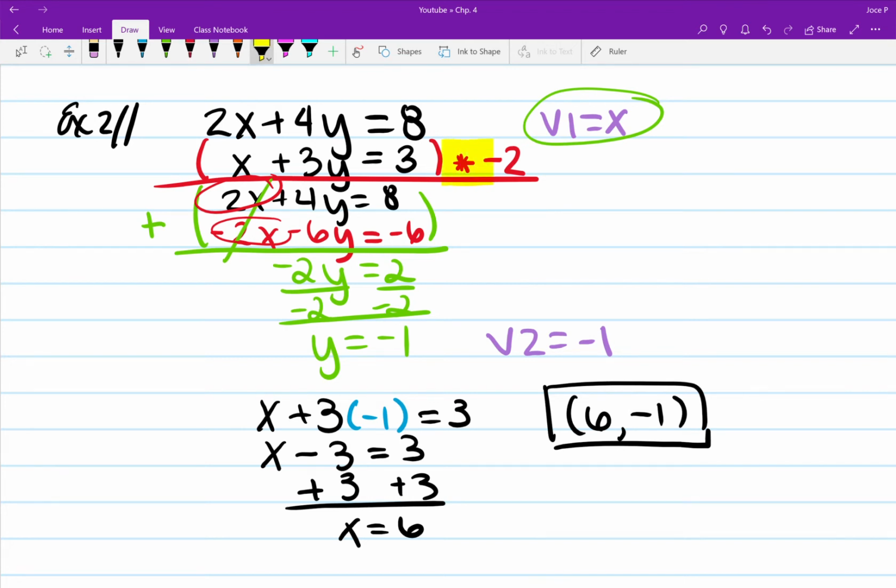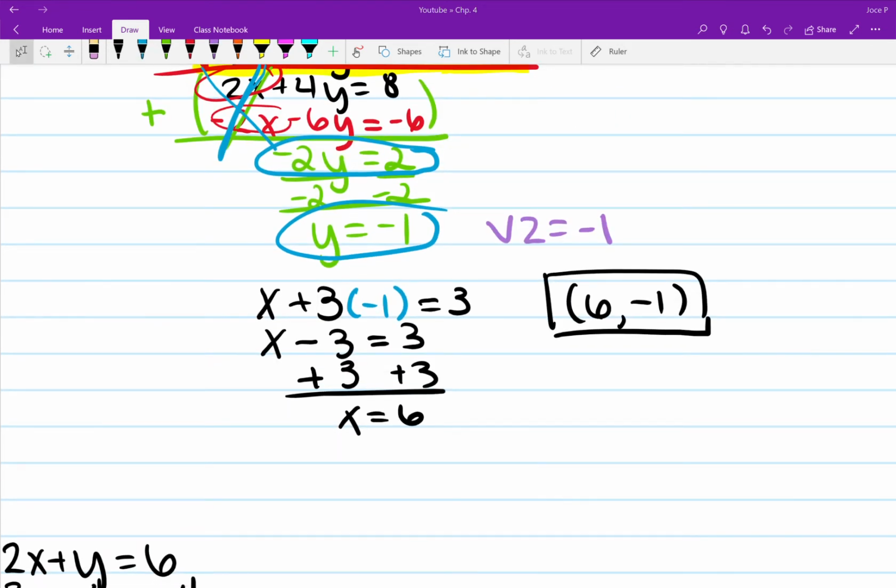We had to multiply the entire second equation by negative 2, so that when you take the sum, the x values for both equations cancel out. After taking the sum, you get negative 2y equals 2. Now step 3, solve for V2, and you get y is equal to negative 1, or V2 is equal to negative 1.